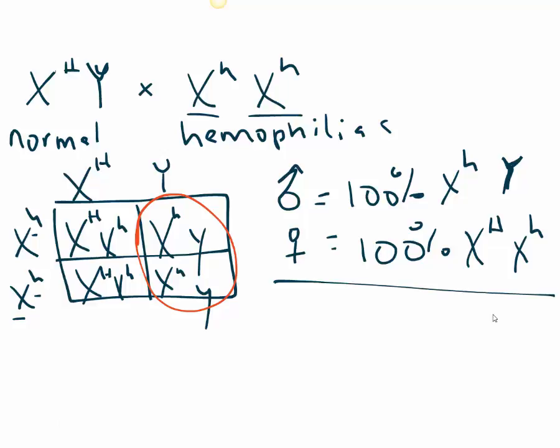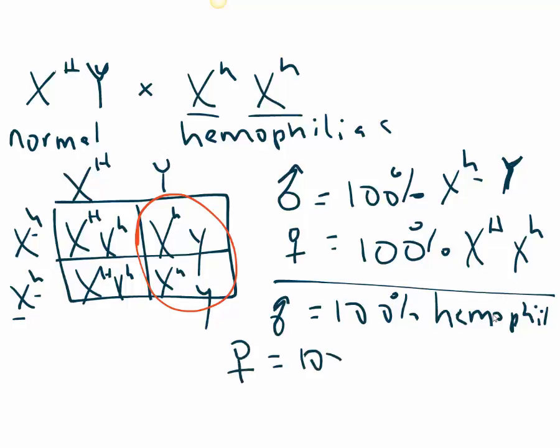And then for the phenotypes of the males, we can say 100%, because they had that little h, are going to have hemophilia. And of the females, 100% are going to be normal. But again, because they had that little h, we're also going to call them carriers.